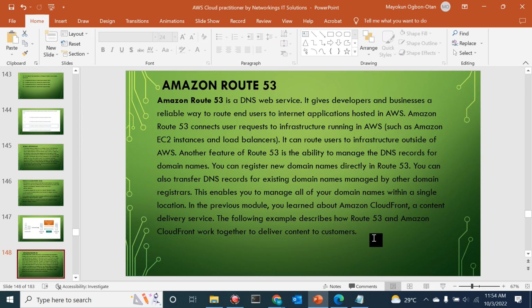Under Amazon CloudFront we learned about the notification service and SQS and SNS? No, that is messaging. Please remind us. When we say content delivery service, is there anybody who can explain or recall anything about CloudFront?